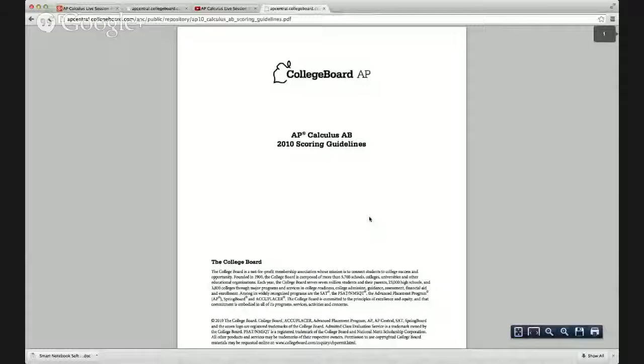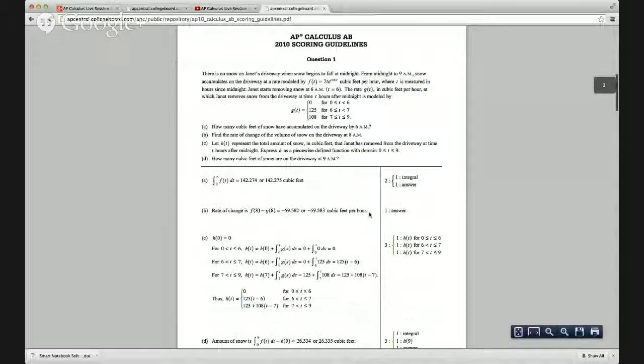Okay, so next up is 2010 AB5, but not the Form B. So let me go find that. Did I say 5?